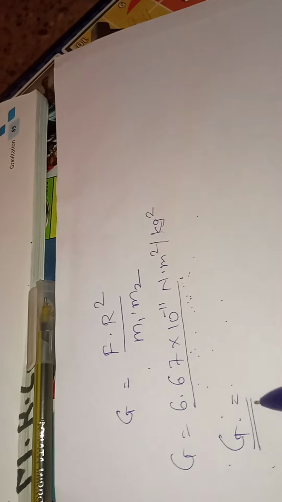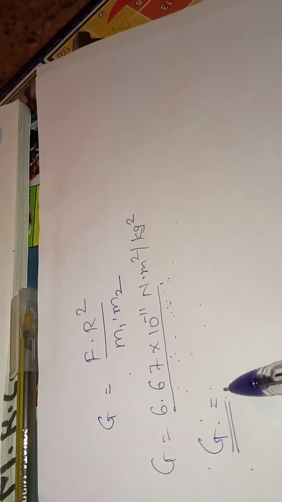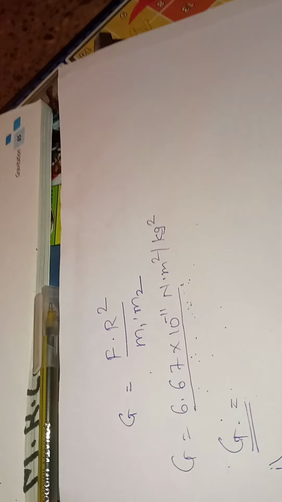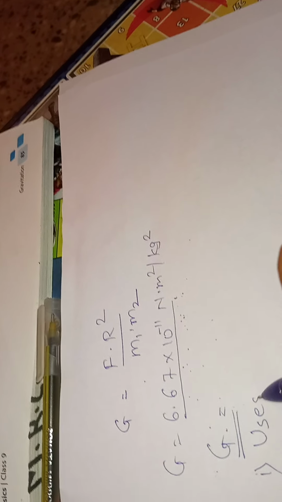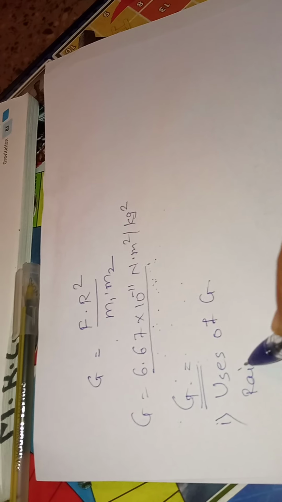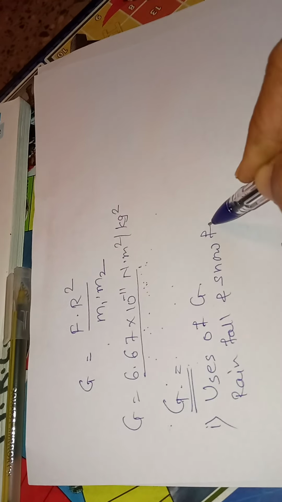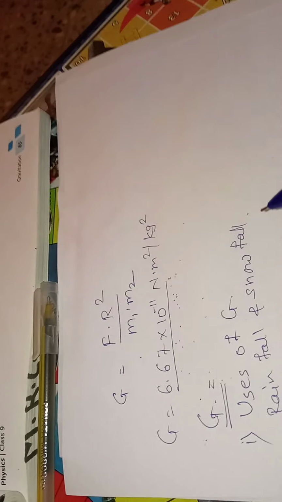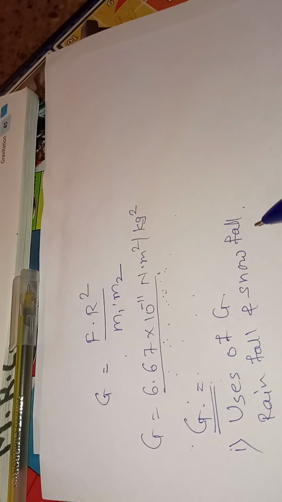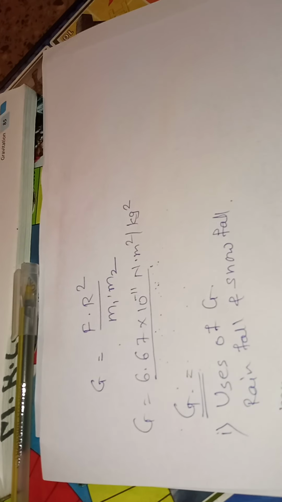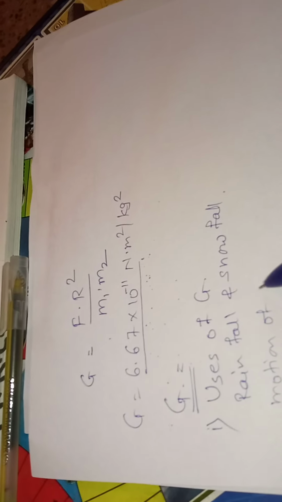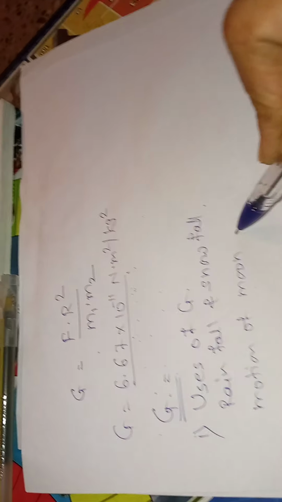The uses of G: this G is useful for rainfall and snowfall. It is useful for the motion of the moon around the earth.